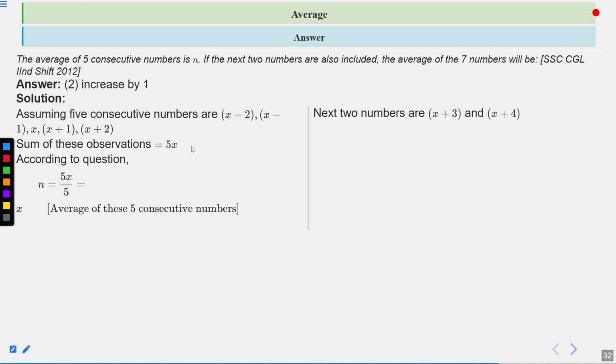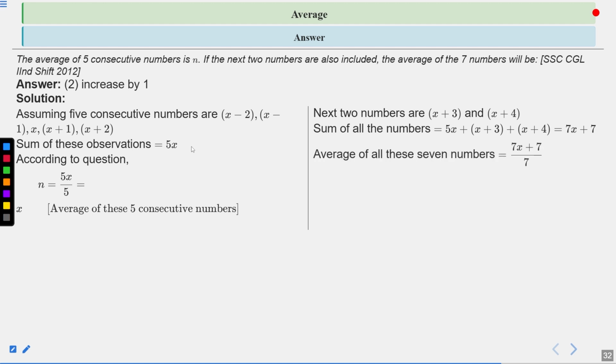The next 2 numbers are x plus 3 and x plus 4, because 2 more numbers are included. So the sum of all the numbers becomes 5x plus x plus 3 plus x plus 4, which becomes 7x plus 7. Now the average of all these 7 numbers is 7x plus 7 upon 7.